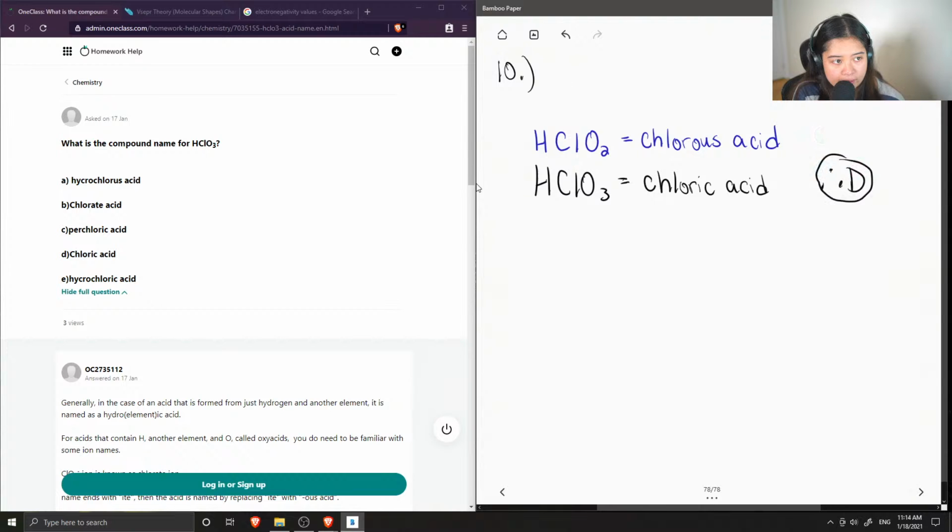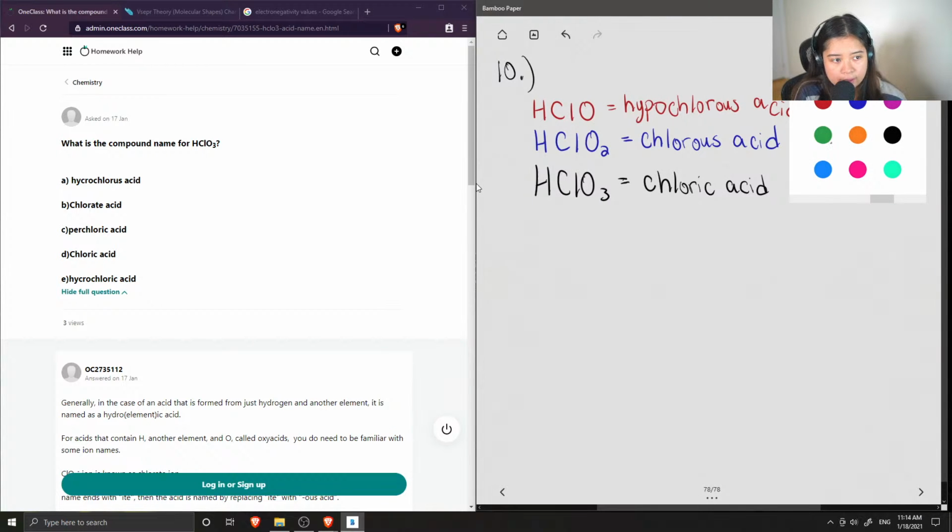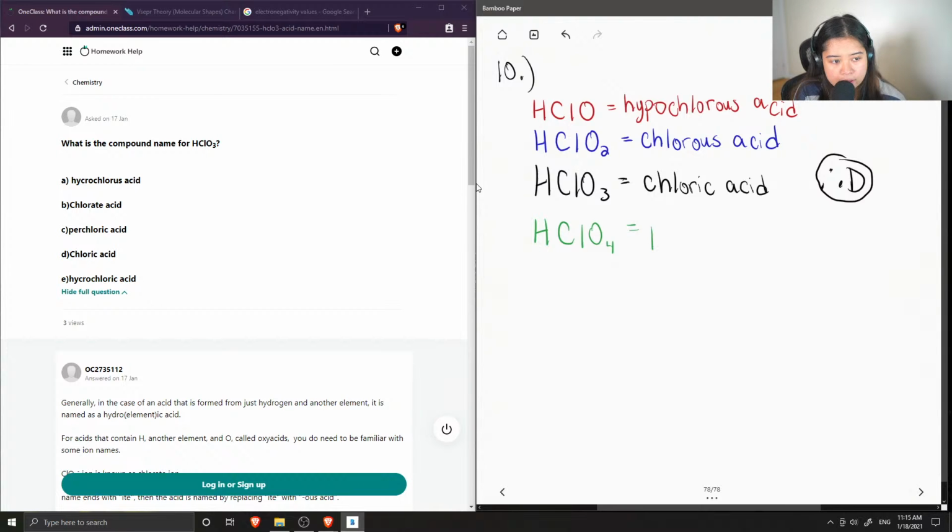And when we have another oxygen additionally lost, this is known as hypochlorous acid. And if we were to add another oxygen to be HClO4, this is called perchloric acid.